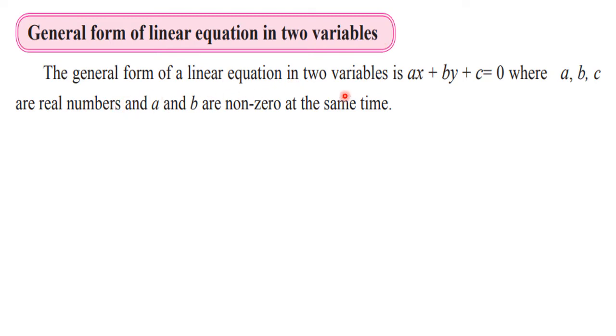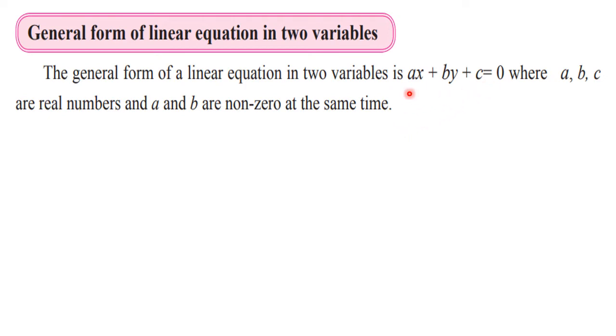The general form is ax plus by plus c is equal to 0, where a, b, c are real numbers and a and b are not zero at the same time. a cannot be 0 and b also cannot be 0 because we want two variables. If a is 0, then 0 into anything is 0, so that one variable will vanish. Similarly, b cannot be 0. So a and b are non-zero. c can be 0.